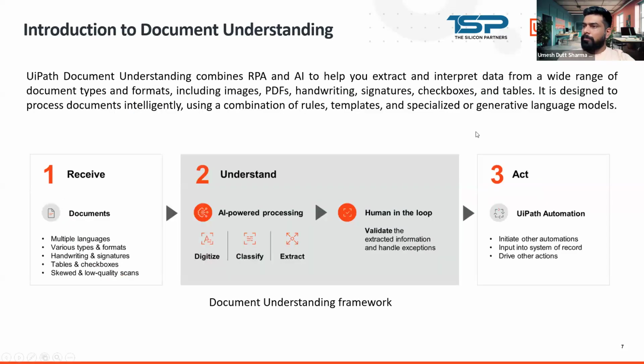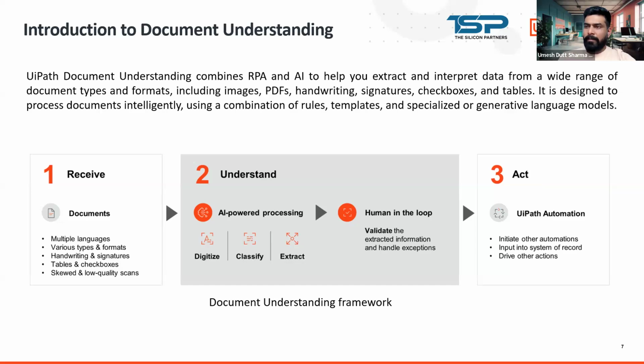As I said, UiPath document understanding combines both RPA and AI to help extract and interpret the data that is available in the documents. In order to do that, OCR is needed, because when you apply OCR on a digital document, it extracts the text.